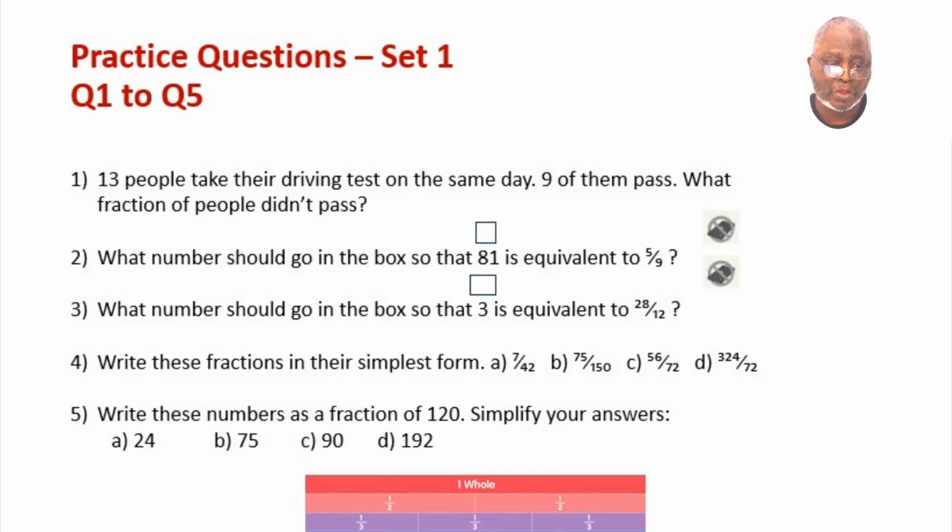Question 2. What number should go in the box so that dash over 81 is equivalent to 5/9? Question 3. What number should go in the box so that dash over 3 is equivalent to 28/12? Question 4. Write these fractions in their simplest form.